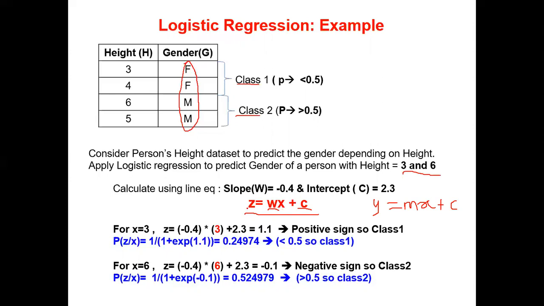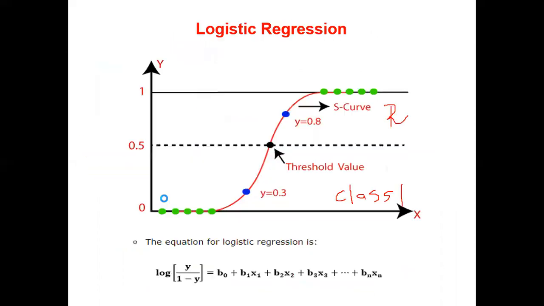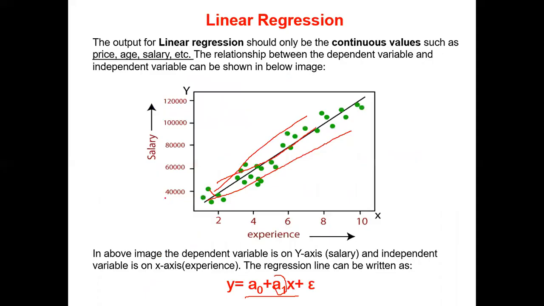Then, using the equations of slope and intercept, you can calculate the slope and intercept values. Do you know the formula for slope and intercept that we already discussed in the linear regression problem? I want to revise it here.